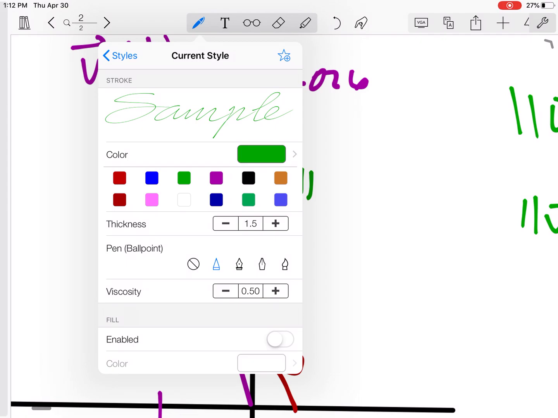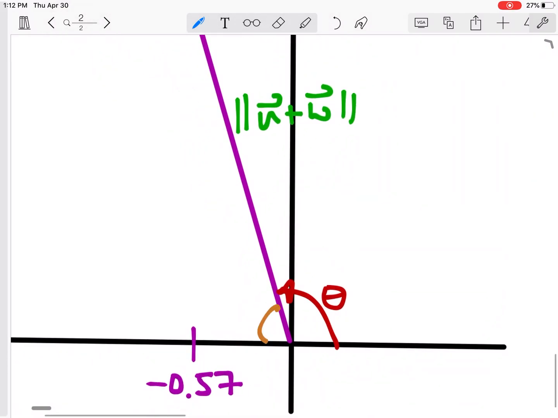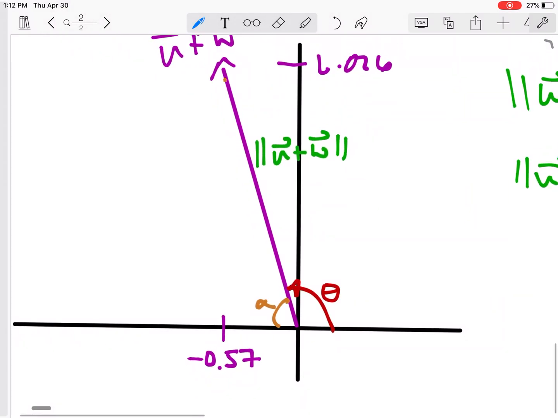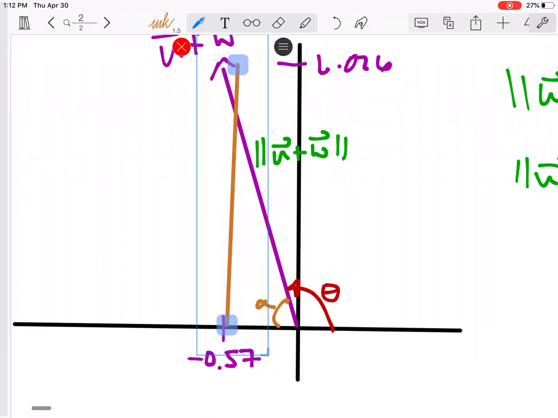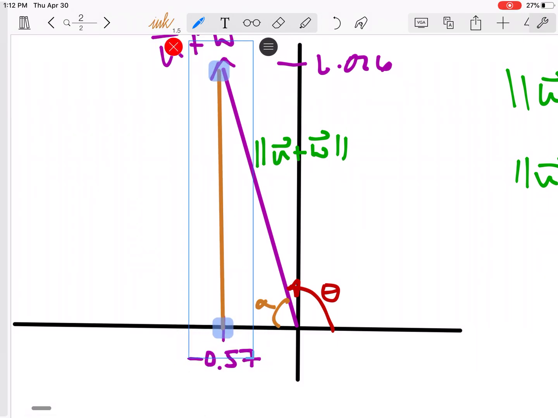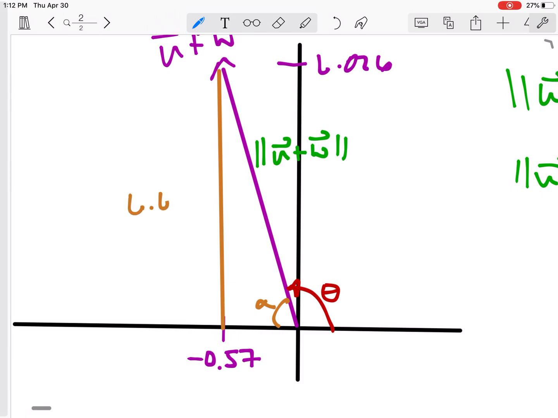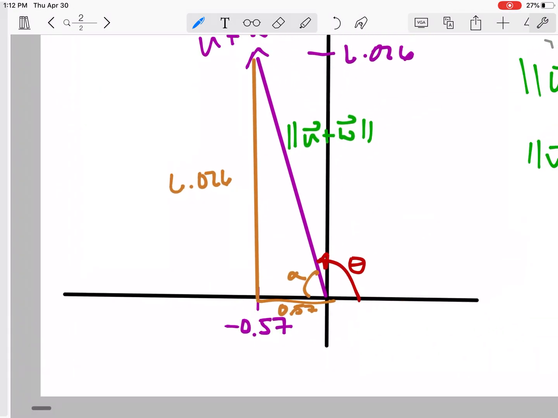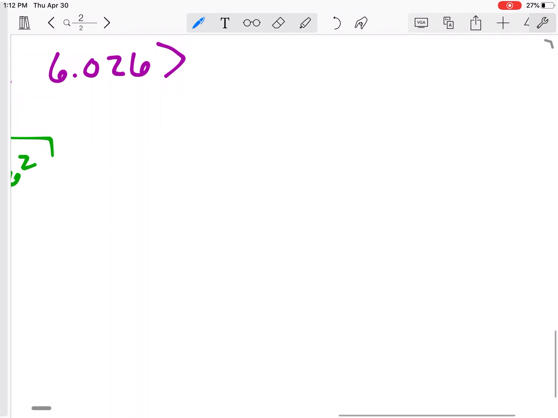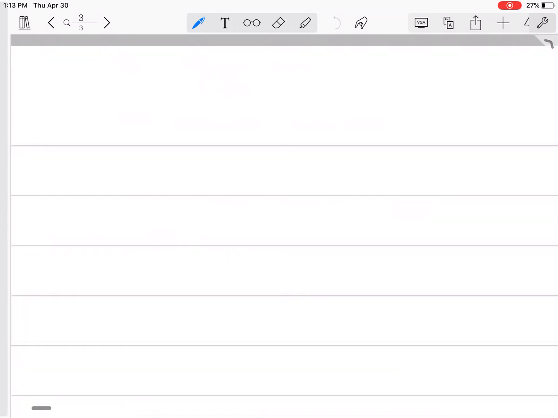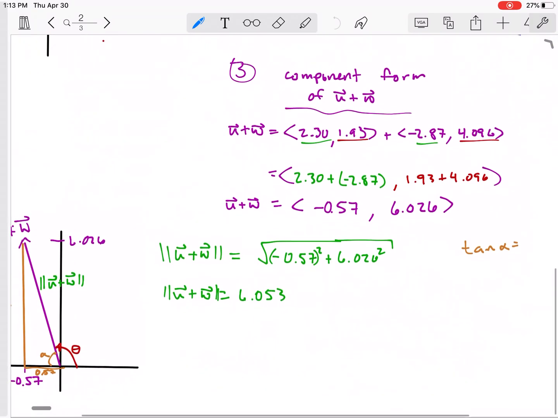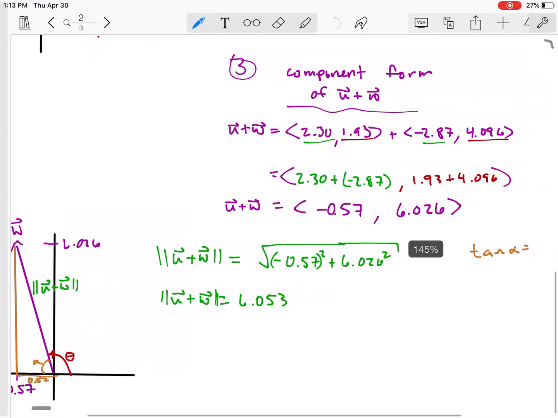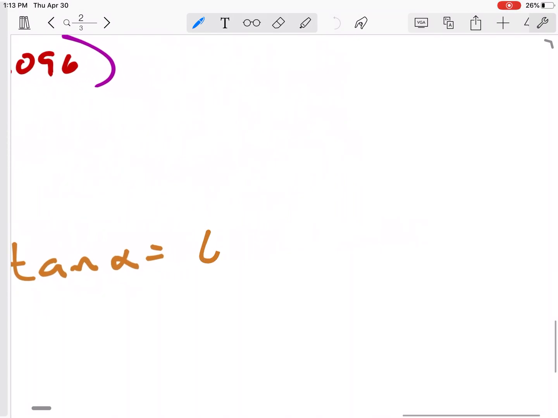Direction now. This is in quadrant 2, so we can figure out the angle alpha right here. This vertical side length here, didn't draw that straight, is 6.026. The horizontal side length is 0.57, just considering the positive length of it. So tangent of alpha is equal to the opposite, which is 6.026, over the adjacent, 0.57.